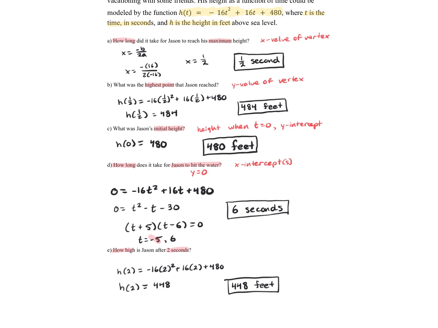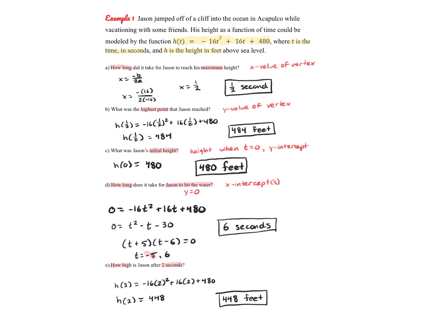And there you go. So you can see that with these types of problems, there's different parts of your function that you might be asked to find. Maybe you're finding the x or y value of the vertex. For those problems, you're looking for that keyword of max or min. Maybe they're asking you to find a y-intercept, which will usually be like an initial amount. Maybe they're asking you to find some type of x-intercept, which is maybe when the height is equal to 0.